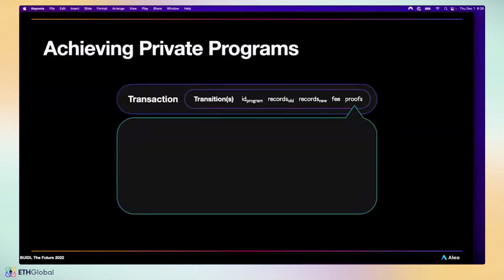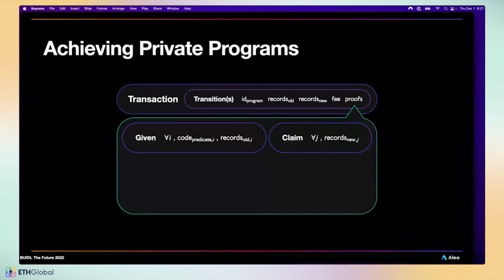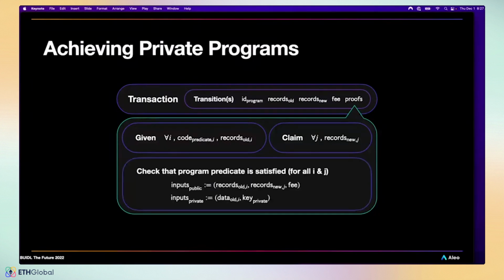But let's round this out. So what do we actually prove in a transaction? You prove that given some code predicate, some old records, and some new records as output, the program predicate is satisfied for all records that are taken in and produced.